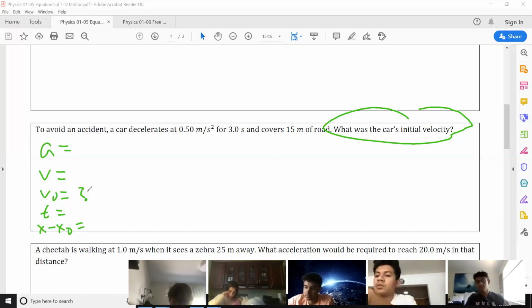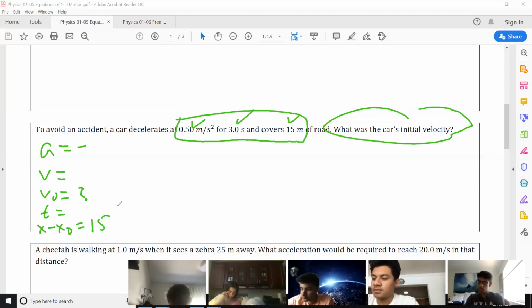So I'll put a question mark here. Now, what am I given? The 3 numbers are given, right? You're given acceleration or deceleration, and you're given time, and also displacement. Great. So we know x minus x0 is 15.